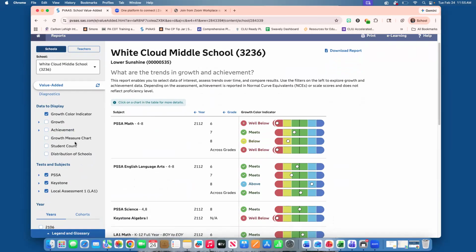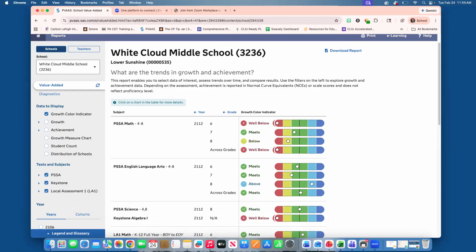Value added or growth information analyzes available data from previous years to help schools, districts, and teachers evaluate how much groups of students have gained academically in a school year. This report uses both achievement and growth to assess student performance. So again, this value added report helps us understand what are the trends in growth and achievement.